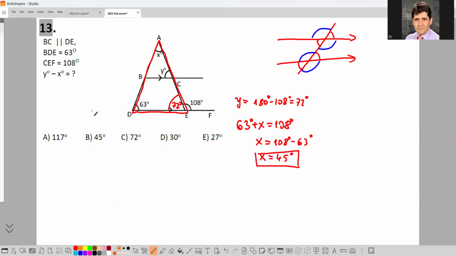Now the question says, what is y minus x? So y minus x makes 72 degrees minus 45 degrees. That is 27. So it's 27 degrees.